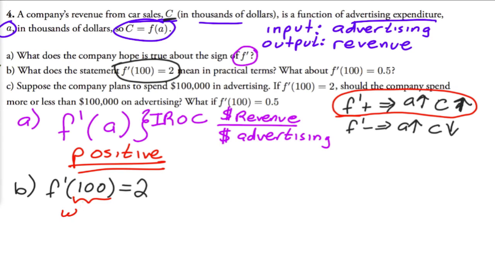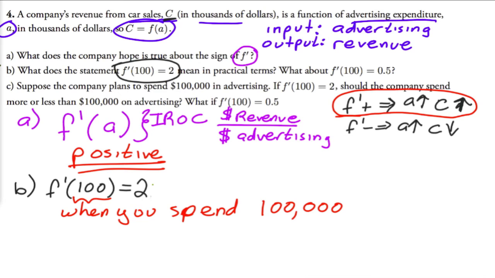So after you spend $100,000, you can word it a couple different ways. You can say that the rate of change of car sale revenue to advertising dollars is 2, or in this case $2,000, because that's what the units are.